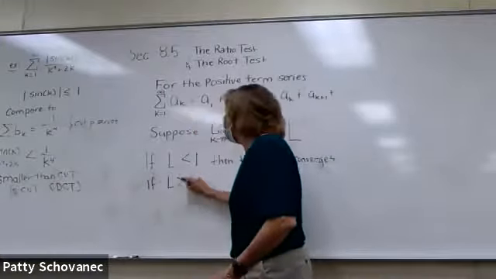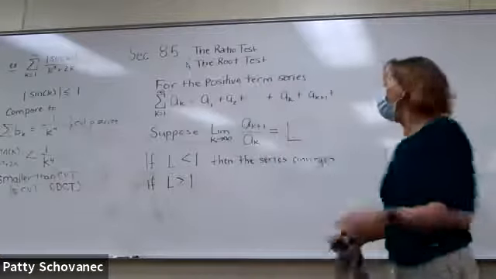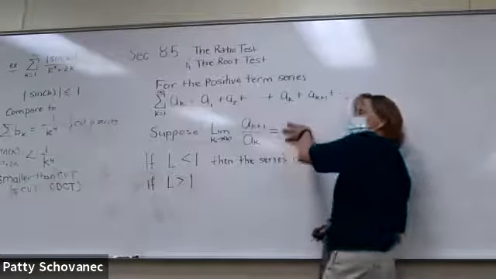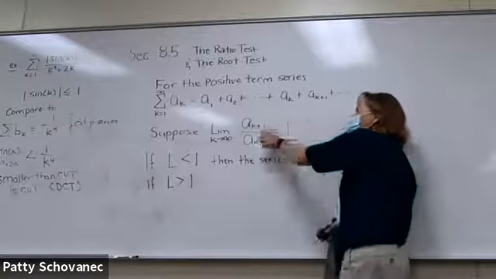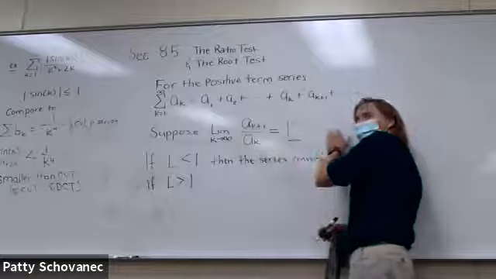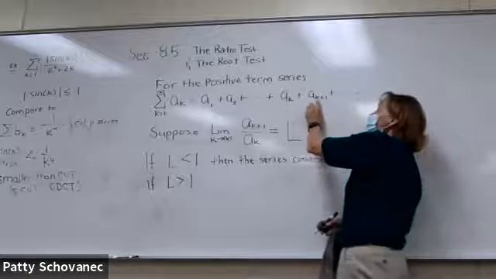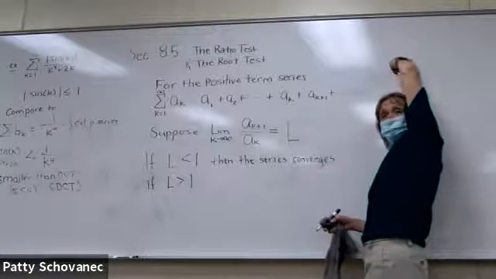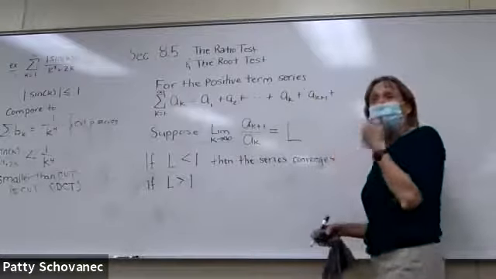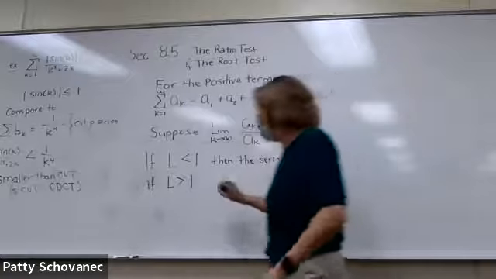If L is bigger than 1, say the limit is 3 or something, then if I cross multiply, it says a_(k+1) is 3 times a_k, which means this is 3 times bigger than that, or getting bigger. And we don't want that. If L is bigger than 1, the series diverges.